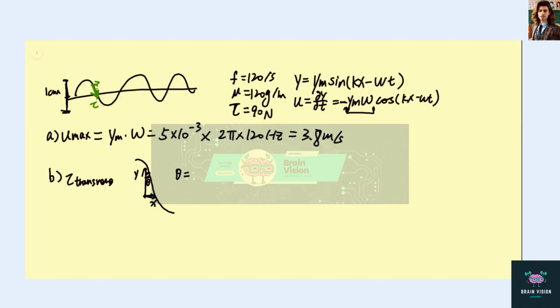This angle theta can be described by tangent theta equals delta y over delta x. But then, how is tension related to this theta?